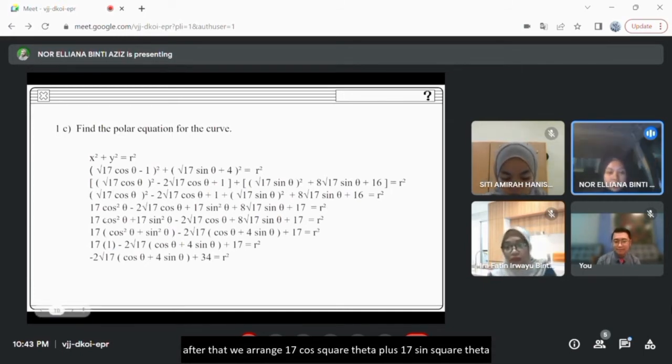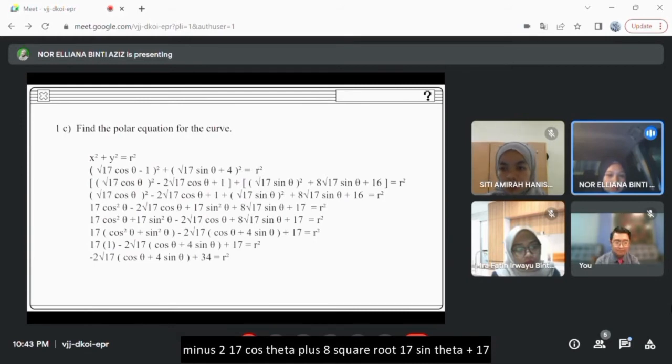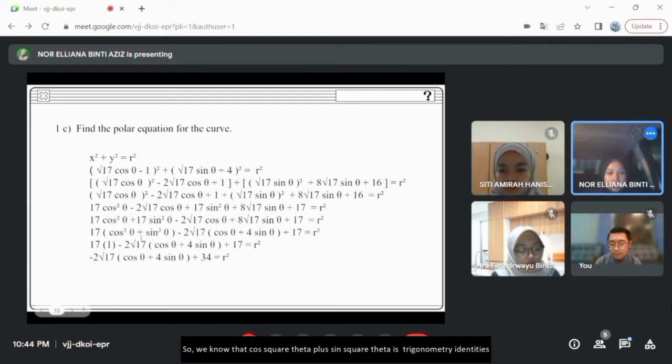So we arrange 17 cos square theta plus 17 sine square theta minus 2 square root 17 cos theta plus 8 square root 17 sine theta plus 17. We know that cos square theta plus sine square theta is a trigonometric identity, so from this we get 1.